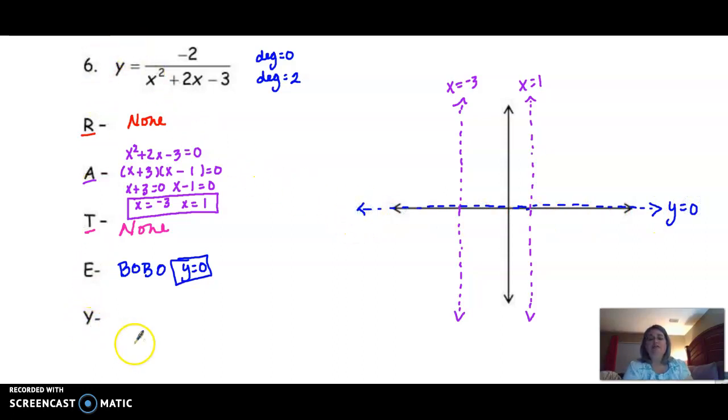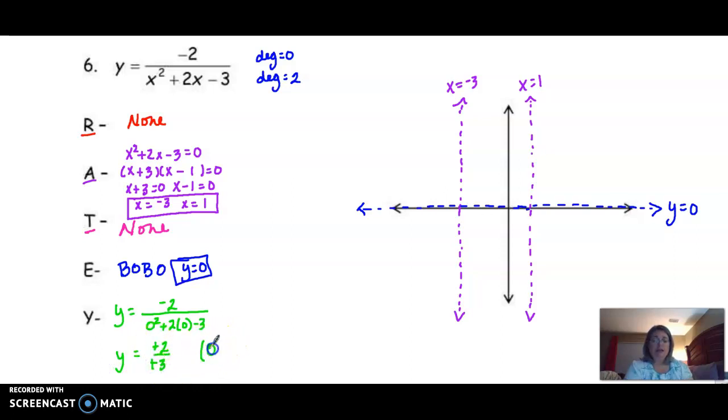And then our y-intercept, just like every single time, we're going to plug 0 in for every x that we see. 0 squared plus 2 times 0 minus 3. Well, this is just 0. This is 0. So in the denominator, I just have a negative 3. So negative 2 over negative 3 is really just 2/3.